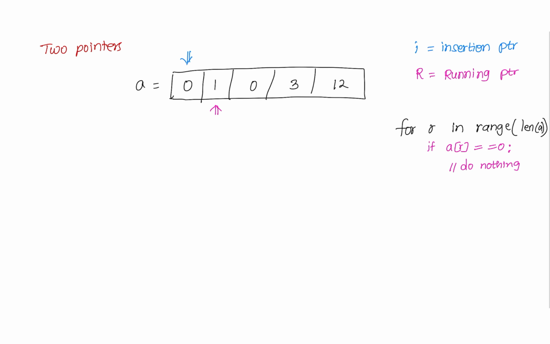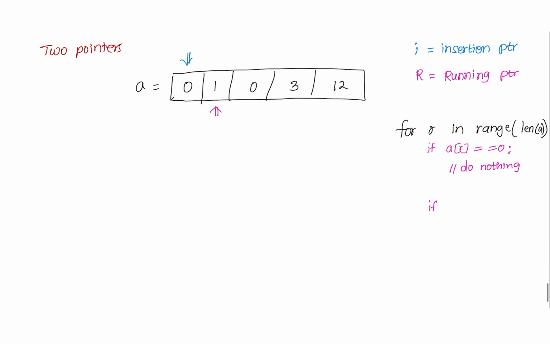Next is 1. Is it 0? No. Here is what we do. Since it is not 0 and our insertion pointer is still at index 0, we place the current number at the insertion pointer's position.